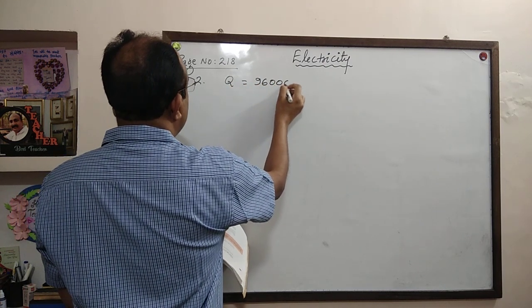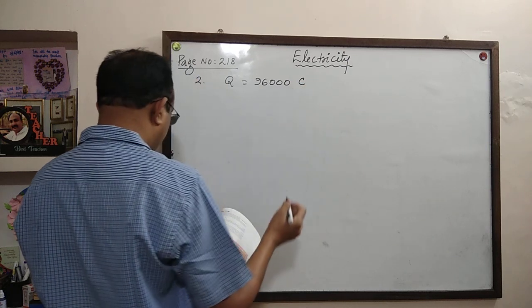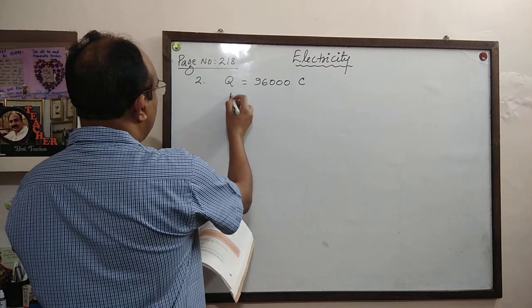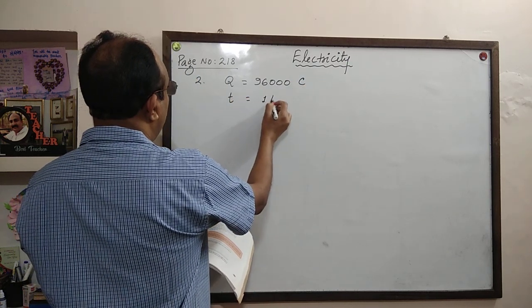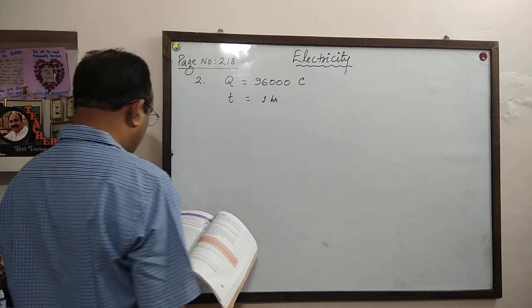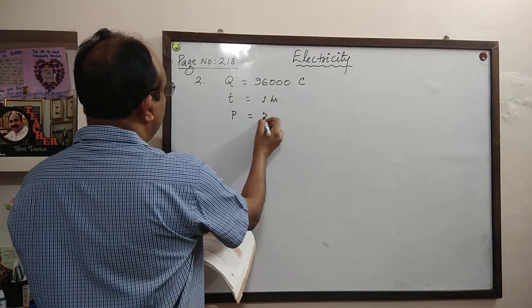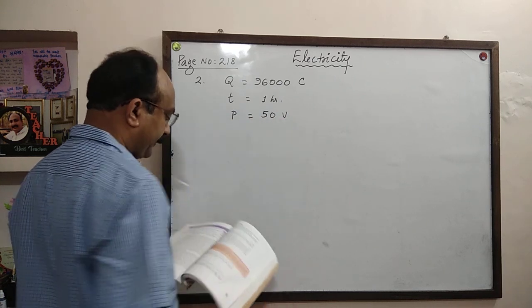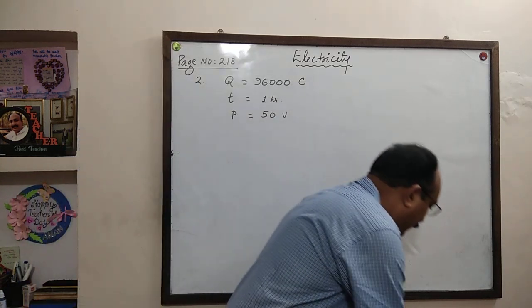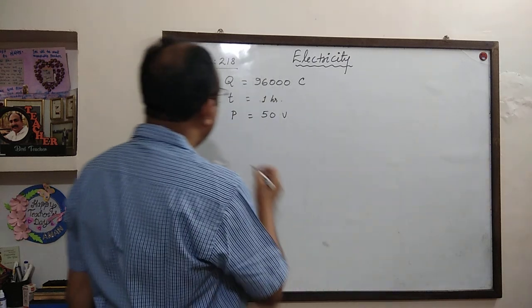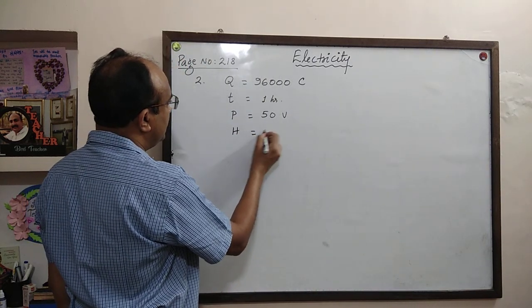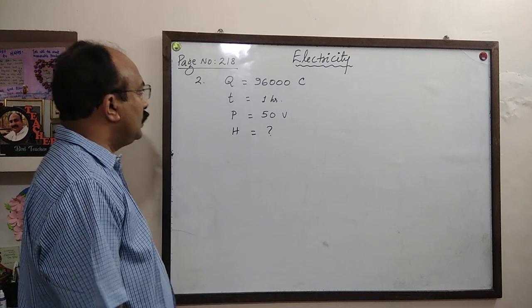Time is given, 1 hour, through a potential difference of 50 volt. V is equal to 50 volt. And we are asked to find out the heat generated. H is equal to question mark.